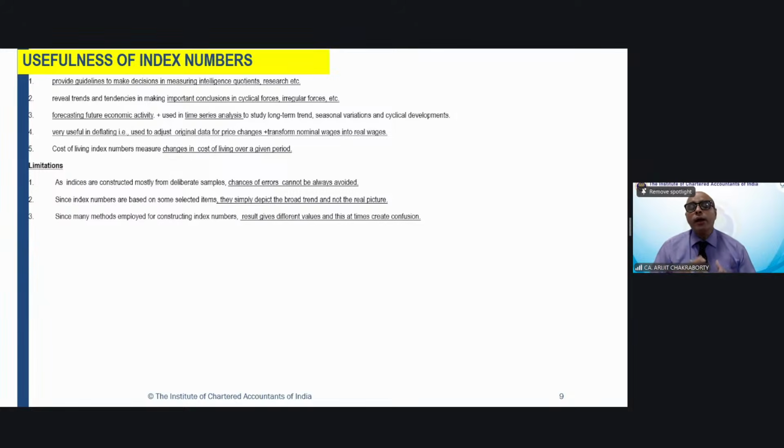For example, if we are taking the last period index, you will get a particular trend. लेकिन अगर आप purchase index follow करेंगे, आपको दूसरा trend मिलेगा, कहीं पे upper bias, कहीं पे lower bias. So इसीलिए in real world, Fisher's index या फिर Bowley's index use किया जाता है so that we can eliminate the bias and index number becomes more reliable, more stable, and therefore practically more useful.